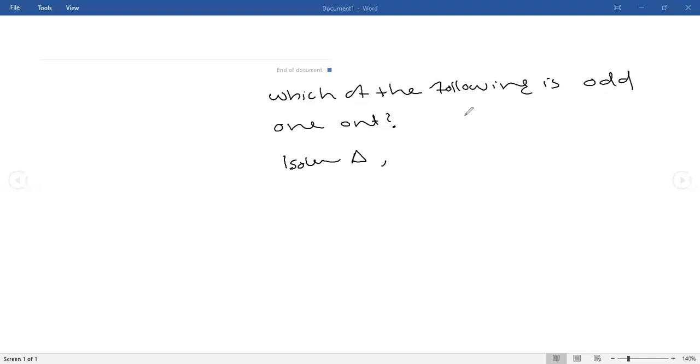Second one is square. Third one is regular hexagon. And the last one is a rectangle. Which one is odd one out? Find out the answer.